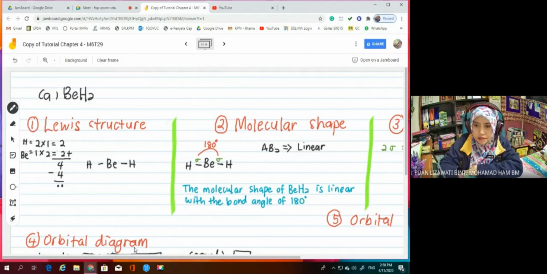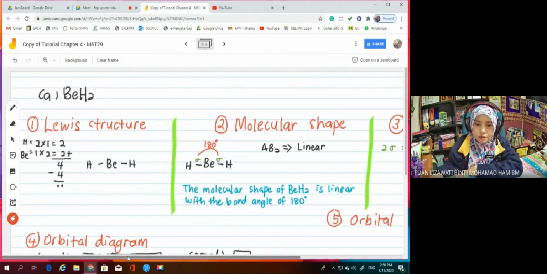The bond angle between the Be-H bonding electrons is 180. So this is how you can write the explanation to describe the molecular shape: the molecular shape of beryllium hydride is linear, with a bond angle of 180 degrees.